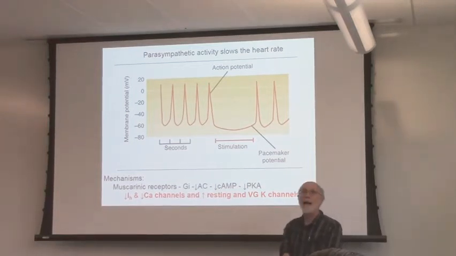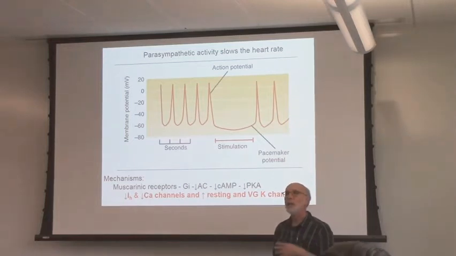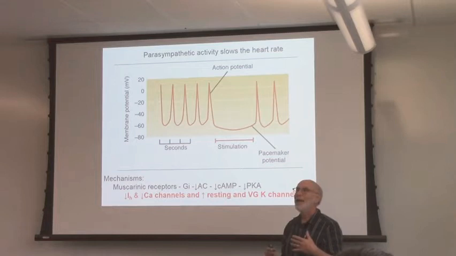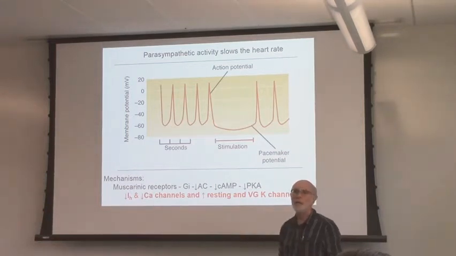And you're going to see this in lab today. So you're going to have a frog heart, it's going to be sitting there beating, and you're going to manipulate it with epinephrine. We can't activate the sympathetic nervous system, I don't have the tools for that. So we're going to simulate the sympathetic nervous system by applying adrenaline to the heart. And we will hopefully see the heart rate increase and the strength increase.